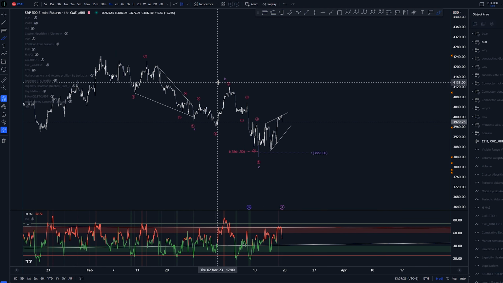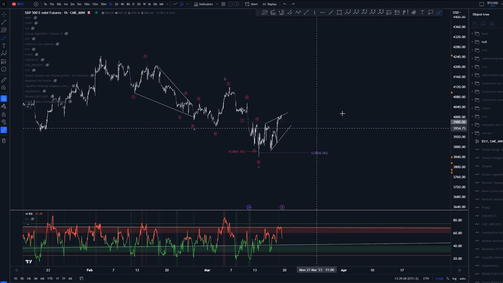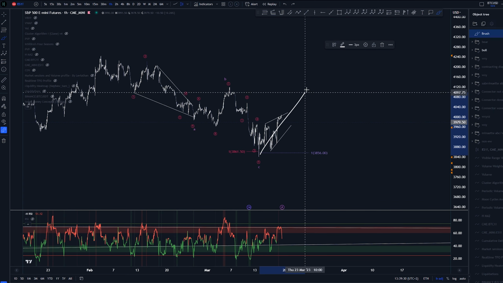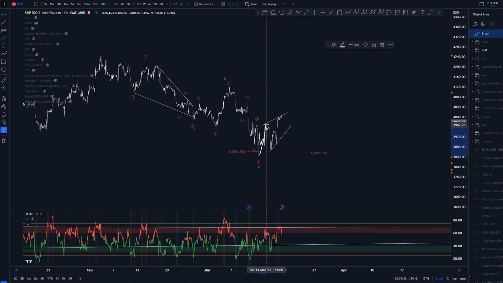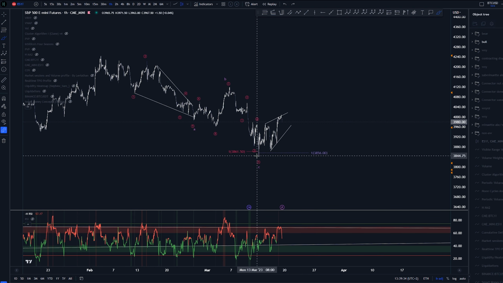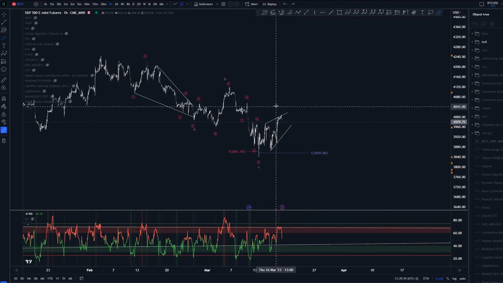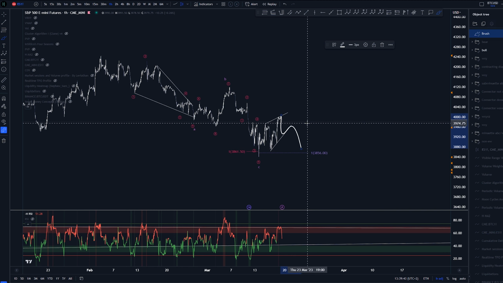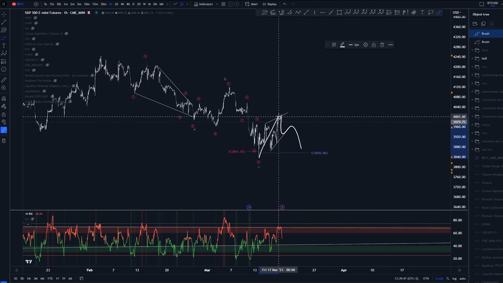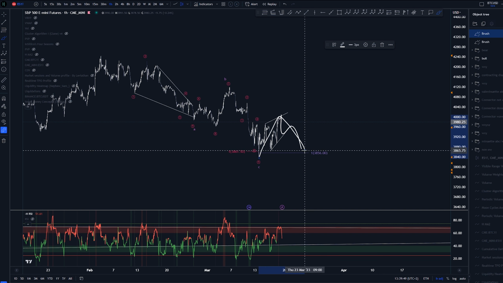If this indeed is an ABC, we have to be thinking about the bull scenario where we are climbing up correctively, and instead of this being a 1, 2, 3, this would be just a WXY, with this being either an A wave or wave W. So again, at that point, we'd be looking for a 3-wave pullback on both. Depending on how low this goes, we can adjust this to be either a B or WX.